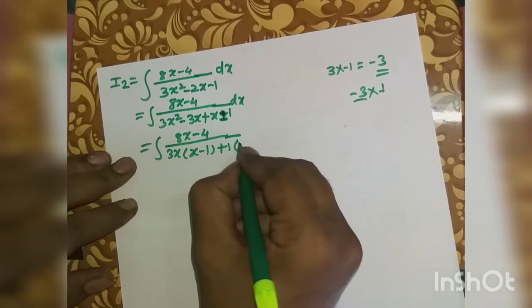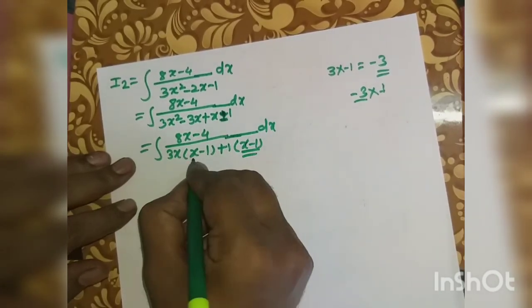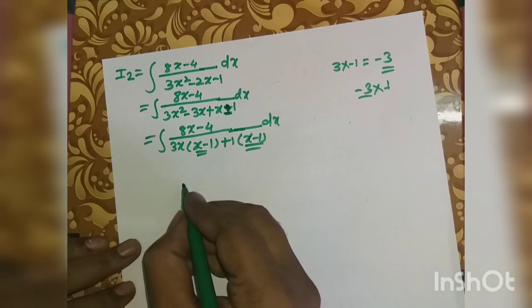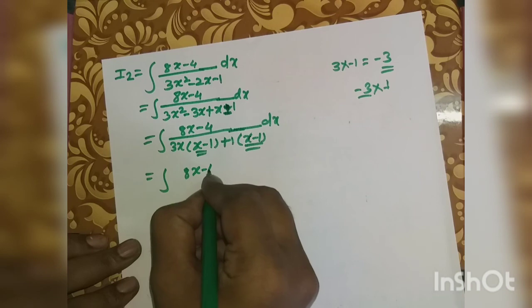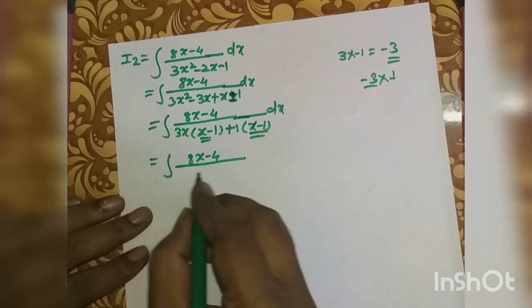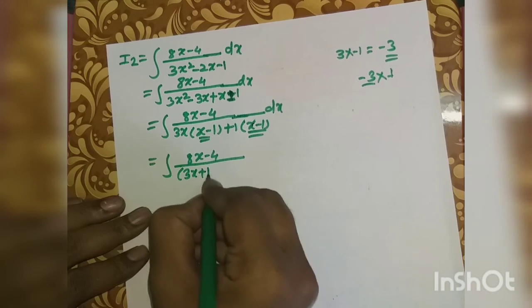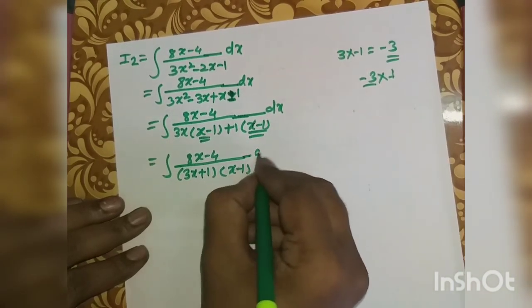This is equal to the integral of 8x minus 4 divided by the first factor 3x plus 1, and the second bracket x minus 1, dx.